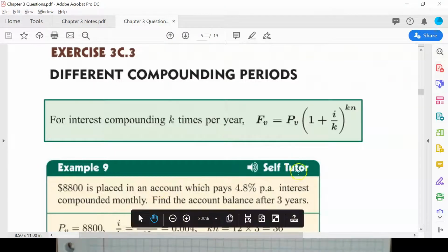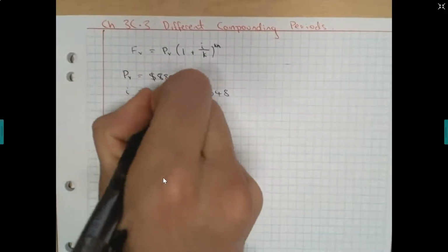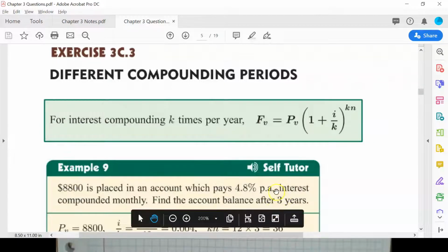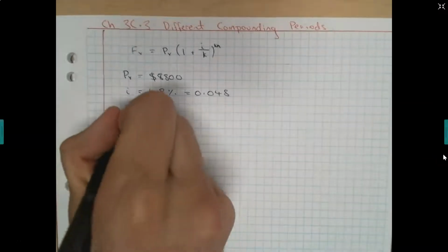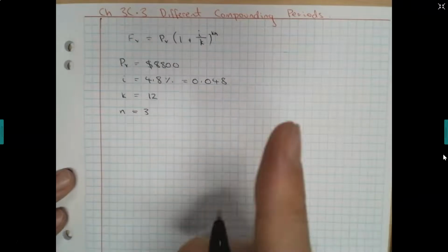Then, like I said, since it's compounded monthly, over the year, the interest is compounded 12 times. So k is equal to 12. And finally, the number of years is 3 years, so n is equal to 3. So now it's just a matter of substituting these values into our formula.